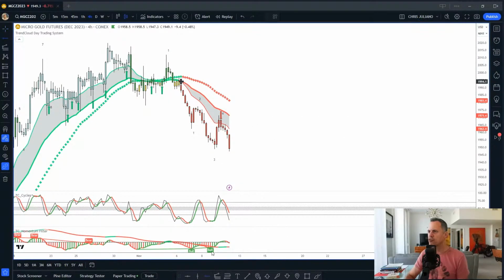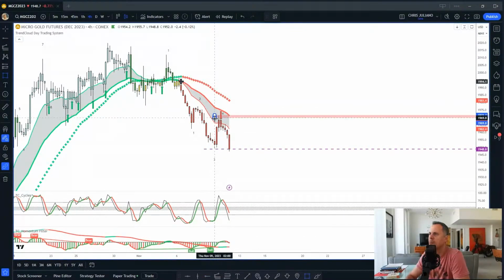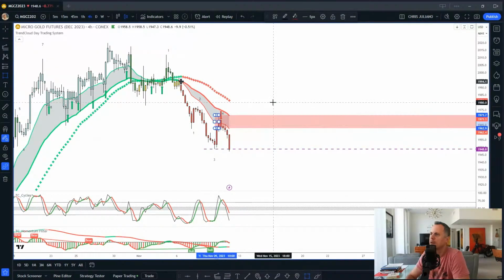So we did break through structure here. We've got this market edge here, and it is, in fact, the full width of the trend cloud. This rally-based drop is the actual full width of that trend cloud from here to here. So great, let's box that out.